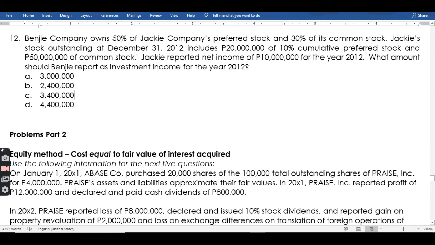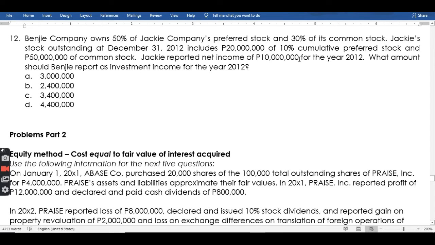Okay. Sige. So, investment income ang pinag-uusapan na. So, ibig sabihin, isasama mo pati yung investment income dun sa preferred. Okay. So, unahin muna natin ito. 10% cumulative preferred stock and 50 million common stock. So, ibig sabihin, kung 20 million yon tapos 10%, magtatanggal tayo ng 2 million doon sa net income.